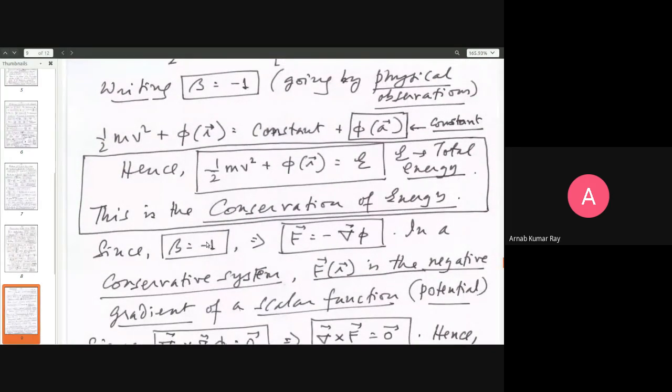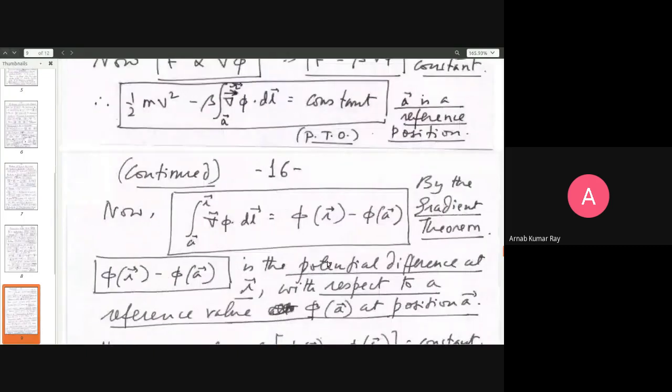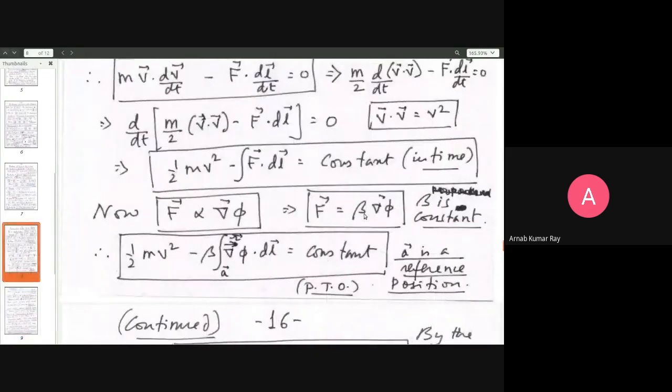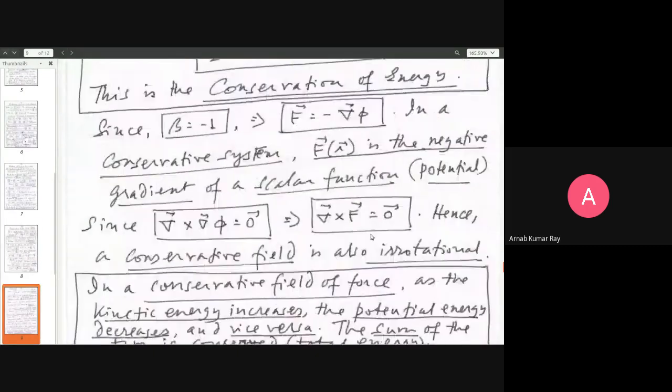Now when beta is equal to -1, as I said, f is equal to beta gradient phi, so f will be minus gradient phi. So in a conservative system, f is the negative gradient of a scalar potential function. And since the curl of the gradient of phi is equal to 0, the curl of f will also be 0. Hence, a conservative field is also an irrotational field.